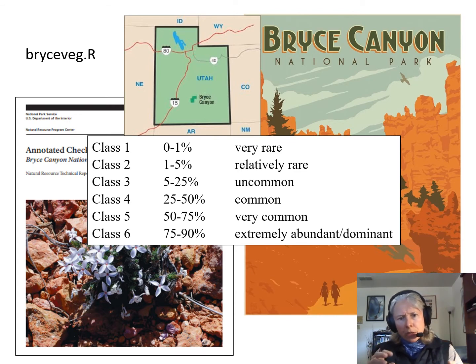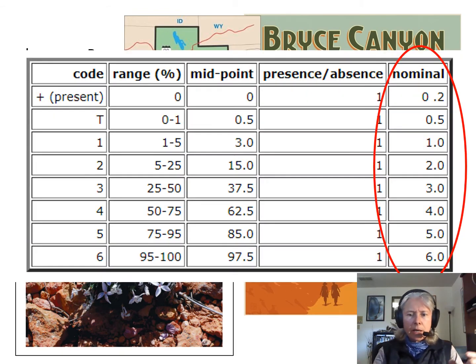Ranges were used because visual estimates of cover are by their very nature very imprecise, and using a range allows you to deal with that imprecision a little bit better. But each of these categories, instead of being logically named, instead were given these numerical values that represent not actual numbers on the ground, but names.